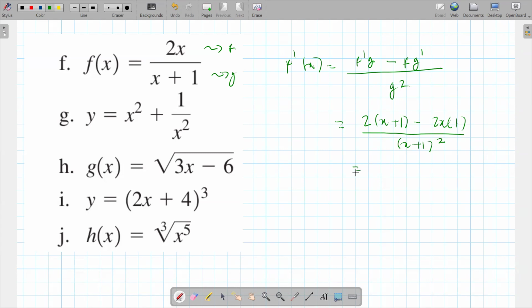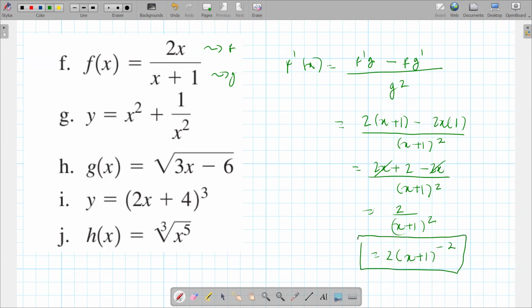Because we have to take it one level deeper, we're going to expand this and clean it up. Always clean it up because it's way easier to take the derivative of something that's cleaned up: 2 over x plus 1. Now this one I'm going to cheat because I don't want to be using the quotient rule no more.